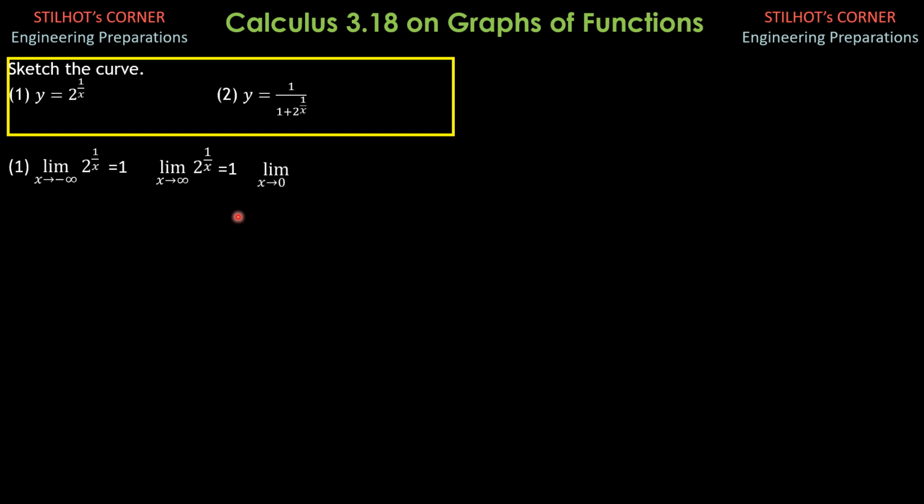Then limit as x approaches 0 from the left of 2 to the 1 over x, so 1 over almost 0, which is negative infinity, so that's 1 over 2 to the positive infinity, and 1 over 2 to the positive infinity is 0, so that's why it is 0.